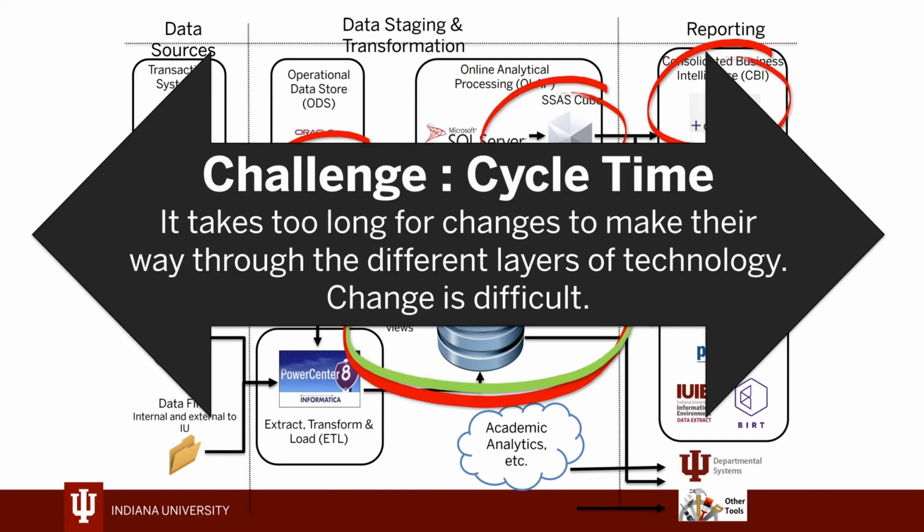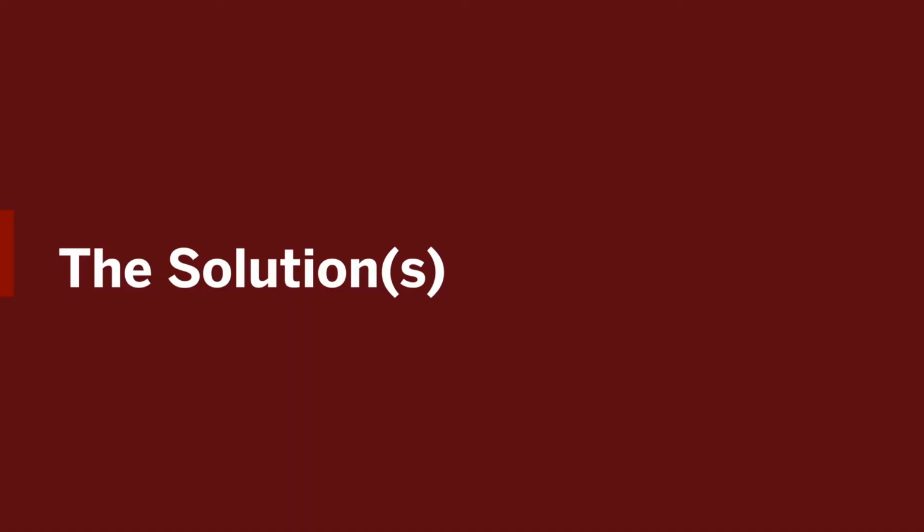By the time you return the product to the end user, it's nice that you did it, but they don't need it anymore because your delivery time was impacted. And then, of course, change in this stack is difficult. If you change something on this diagram far to the left, that impact has to travel all the way through to the right, and it slows down. If you think about lineage and those sorts of things. So that's the problem in a nutshell.